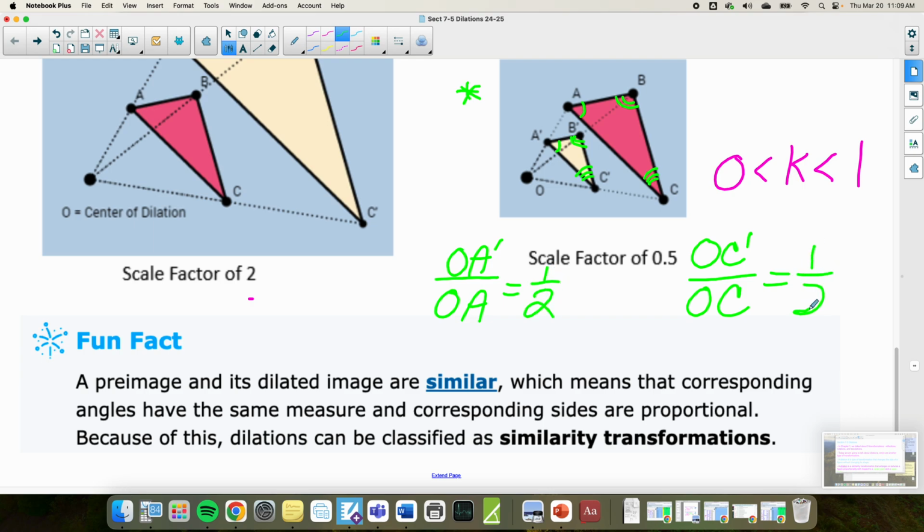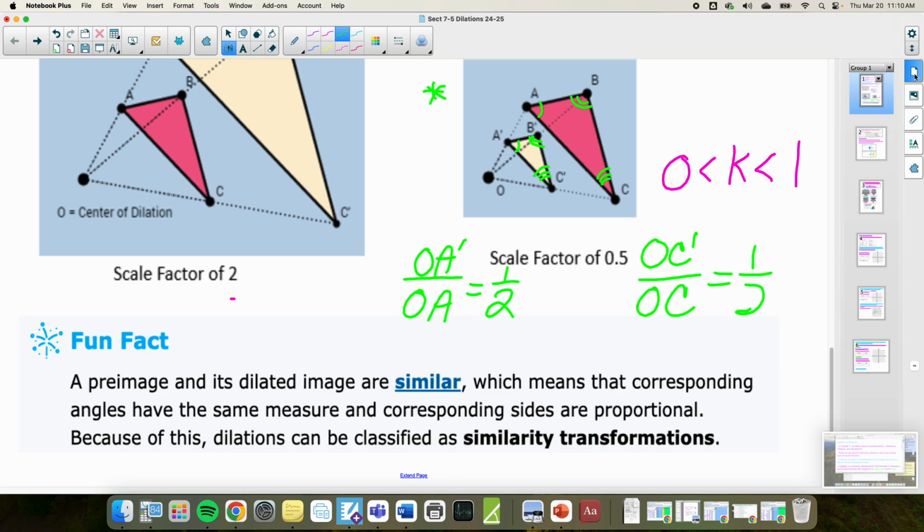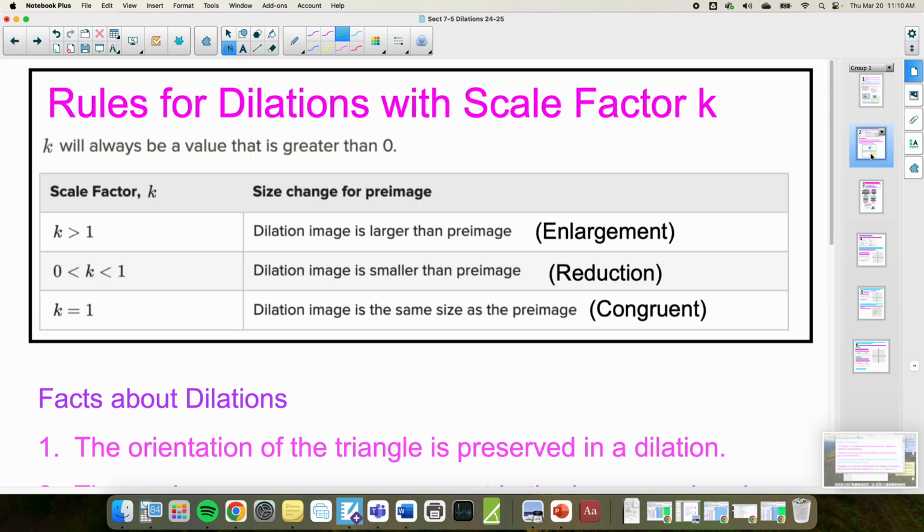And you could have also done O to B prime over O to B, and that would also be that same scale factor, okay? Because the corresponding angles are congruent and the corresponding sides have that same scale factor, that makes these two figures similar, and that's why it fits into this chapter.